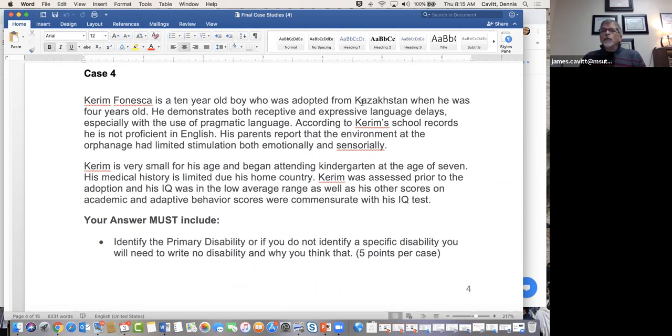He was adopted from Kazakhstan when he was 4 years old. So he has receptive and expressive language delays in English, not in his primary language. So that's important. I should make sure that that's expressive language in English.